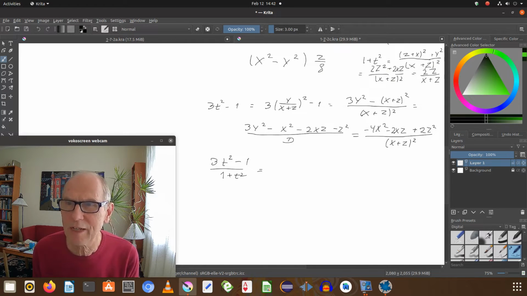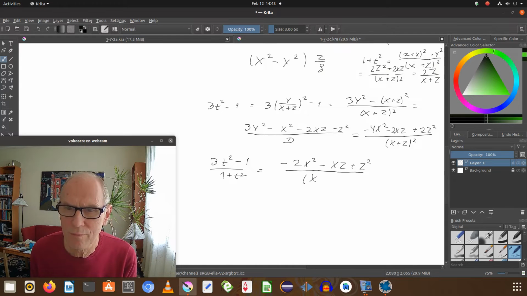So that's dividing by z and multiplying by x plus z, and then a factor 2 being removed from the top. Interesting. So that was 2x plus z, and then a z, we get down here.